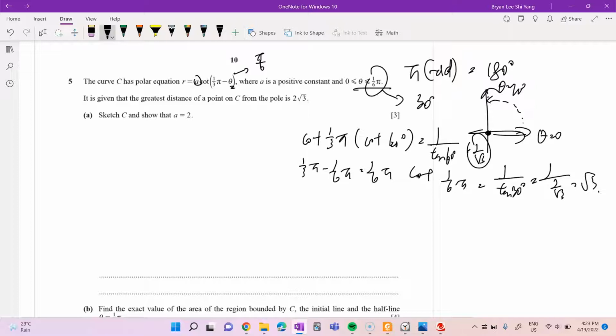It's given that the greatest distance of a point on C from the pole is 2/√3. Sketch C and show that a equals 2. Okay, so our range is like this, this is 90 degrees. I want to cut it into 3, so this line would be θ equals π/6, since this is our upper limit.